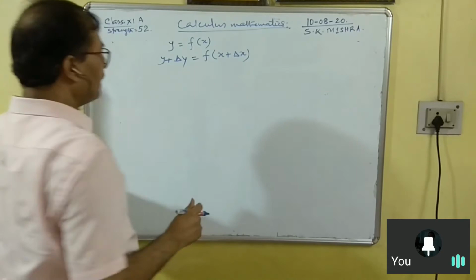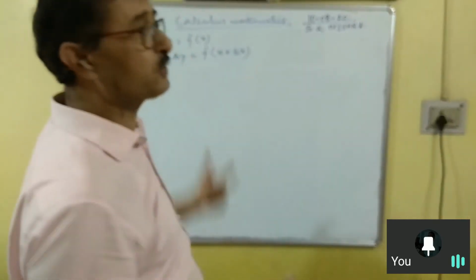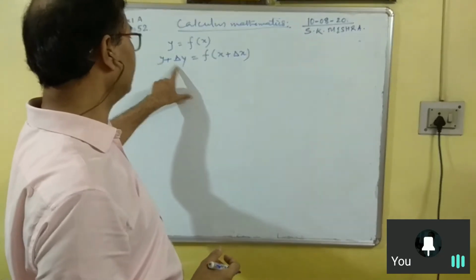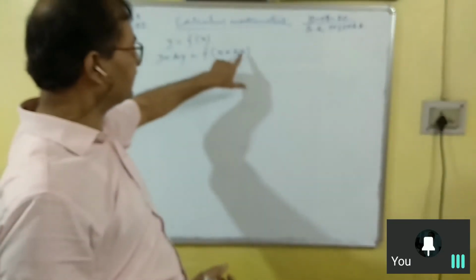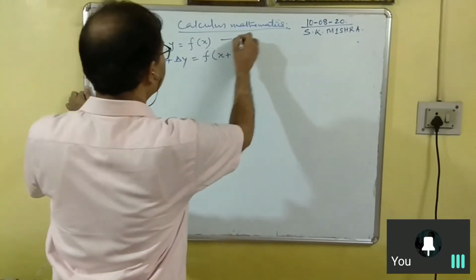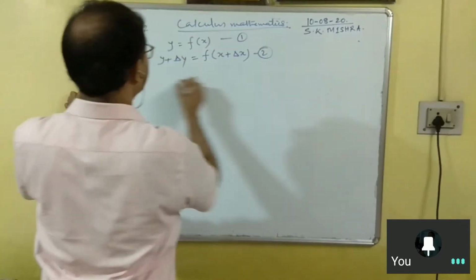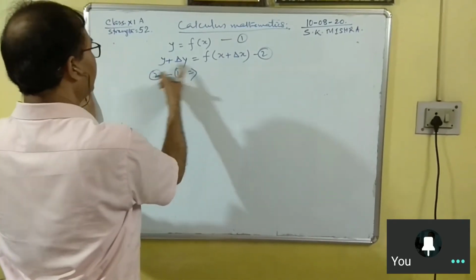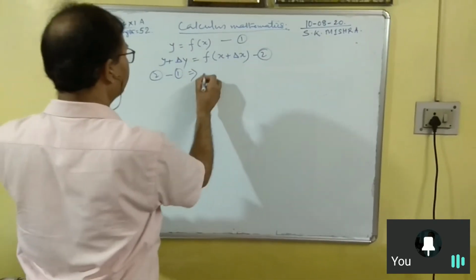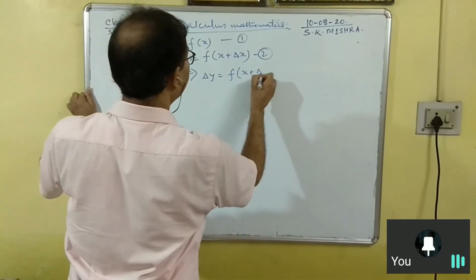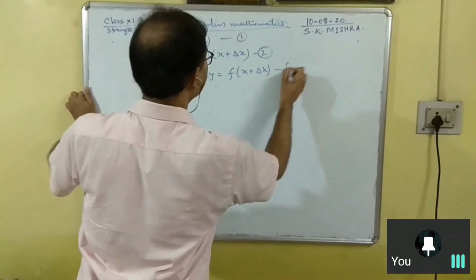So the corresponding increment in x will be delta x. So if you subtract equation 1 from equation 2, y plus delta y minus y gives delta y only, and this is function of x plus delta x minus function of x.